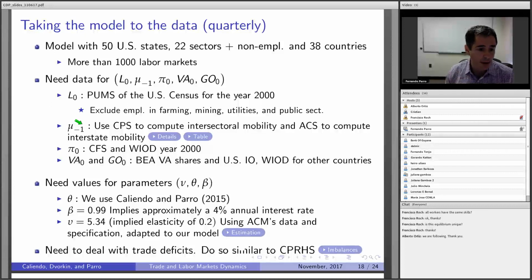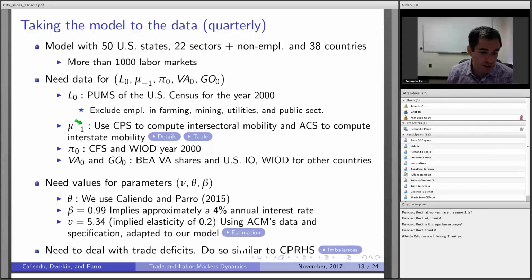The initial migration flows combine data from the CPS and the American Community Survey. Internal trade flows across US regions come from the Commodity Flow Survey. International trade flows come from the World Input-Output database.